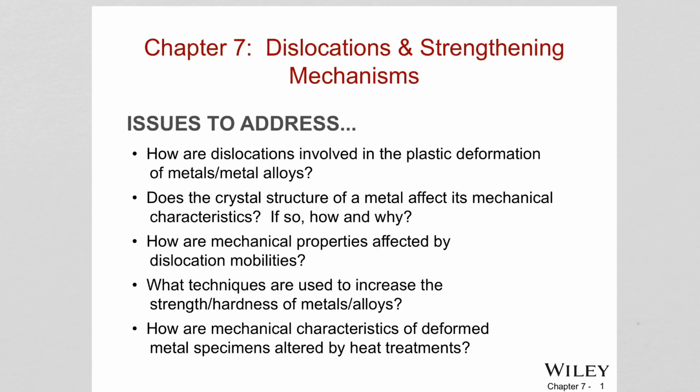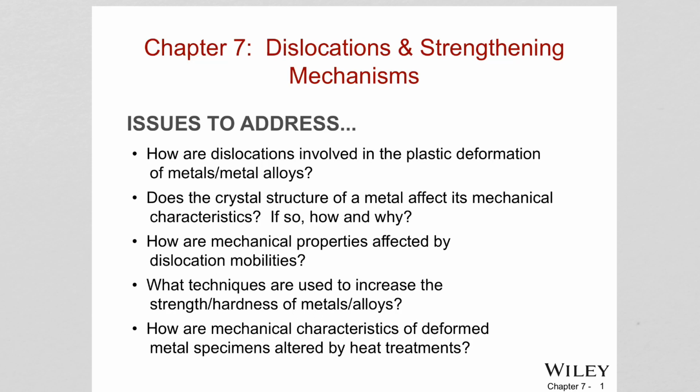So with that knowledge in mind, how can we increase the strength and hardness of metals or their alloys? Because at the end, I know dislocations are responsible for plastic deformation, a permanent change of shape, and if I don't want my material to change shape permanently or want it to require more strength, then what should I do?